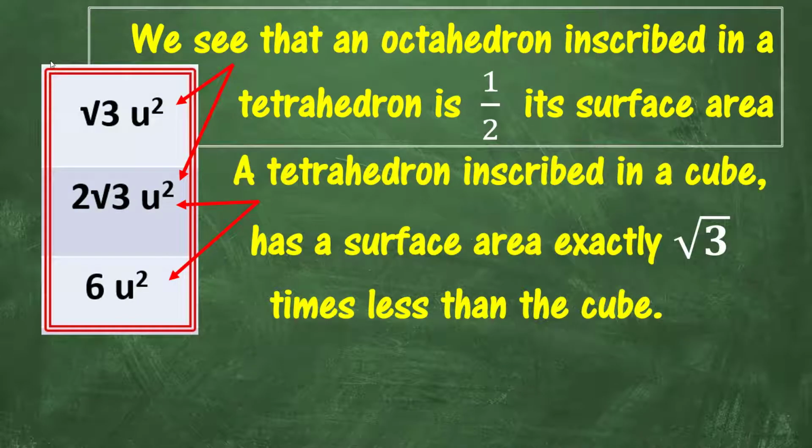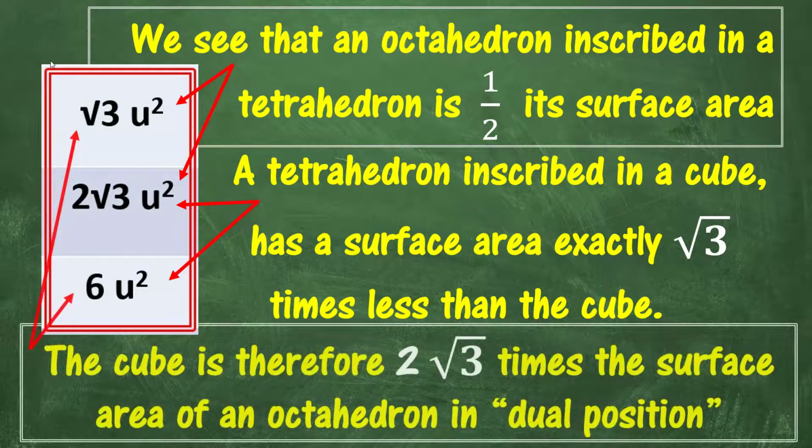And a tetrahedron inscribed in a cube has a surface area exactly root 3 times less than the cube, because if you multiply 2 root 3 by root 3, you get 6. Therefore the cube is 2 root 3 times the surface area of an octahedron which is in dual position.